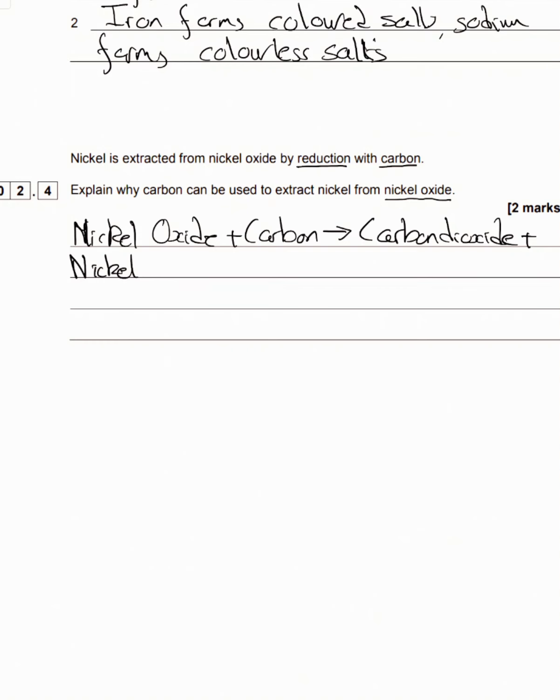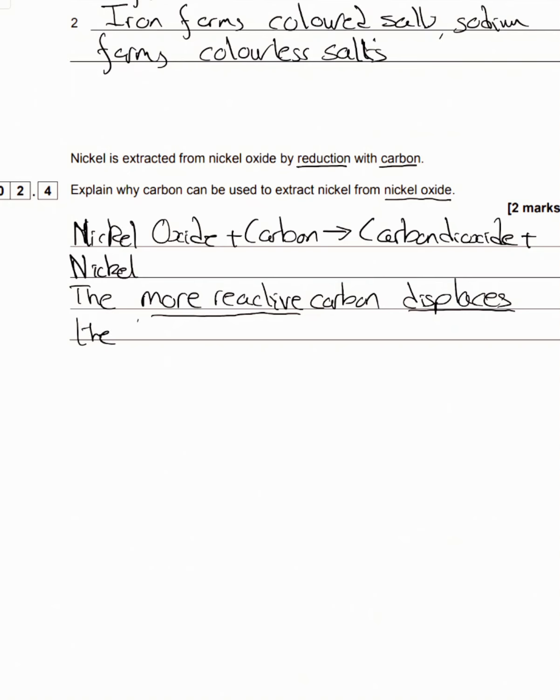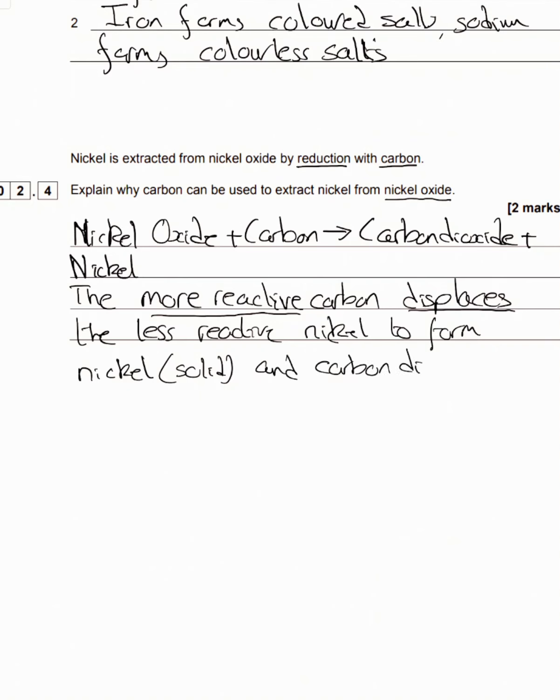Now we can actually put this into words. The more reactive carbon, so it's more reactive, displaces, and that's a very important keyword, displaces the less reactive nickel to form nickel solid and carbon dioxide.